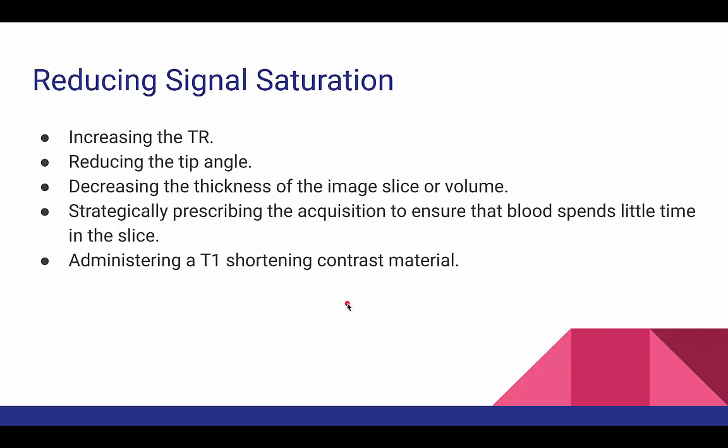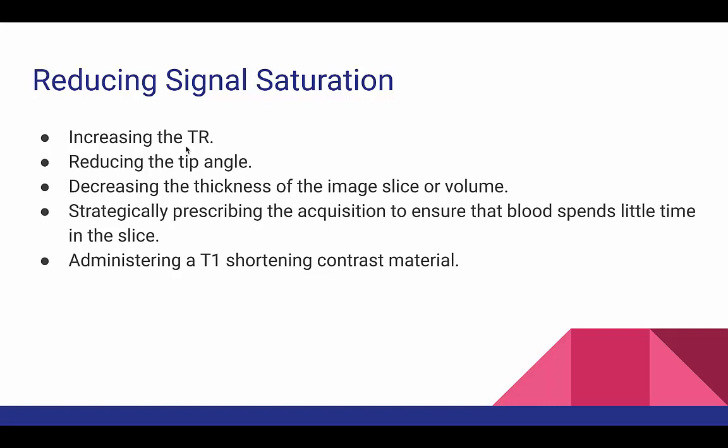So there are different strategies to reduce the signal saturation. Increasing the TR, which is basically the repetition time, how much time passes between your pulses. If you increase it, you're going to give it more time to relax.